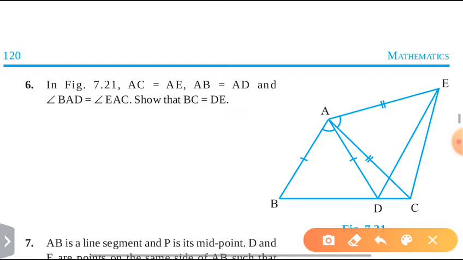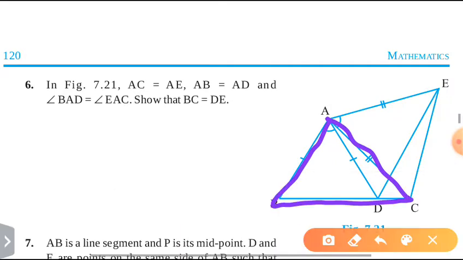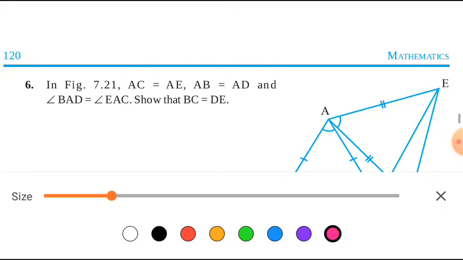You can see that in triangle ABC and the second triangle, I will just change the color of the pen. The second triangle is this triangle, and among these two triangles you can see what things are given equal.